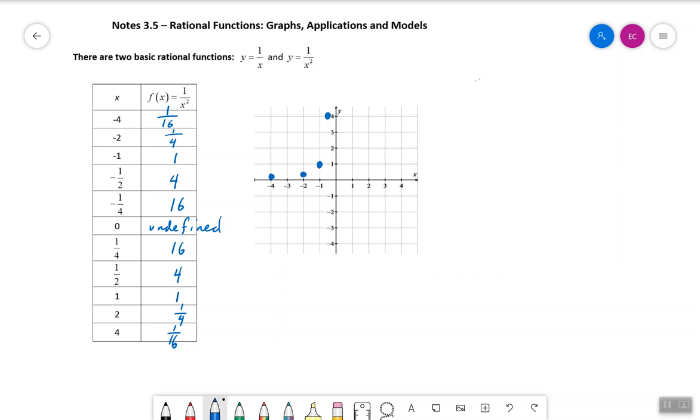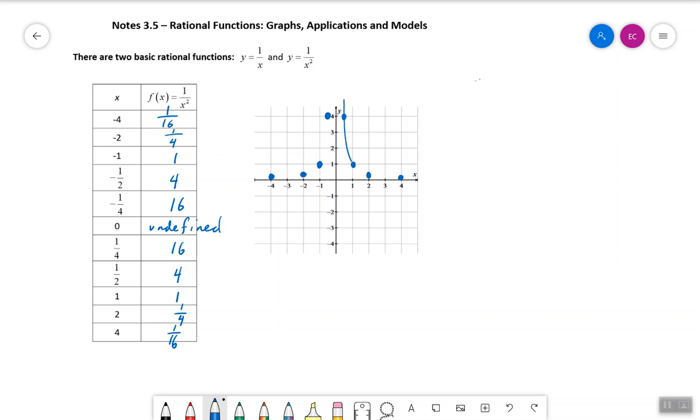There's a discontinuity at x equals 0. We jump over to the other side and we plot the point at (1/4, 16). Actually, that one won't fit, but (1/2, 4) will fit. And then (1, 1), and then (2, 1/4), and then (4, 1/16). And then we can connect these up with a smooth curve.